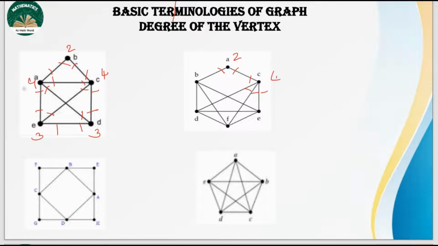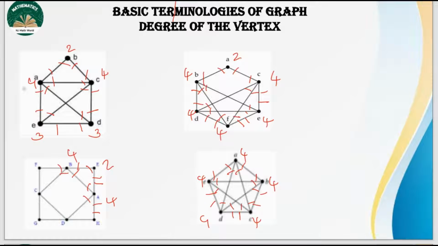Then 1, 2, 3, 4, so degree is 4. Similarly, for the remaining vertices we count the lines, getting 4 or 2 in the same way. So these are the degrees of the given vertices.